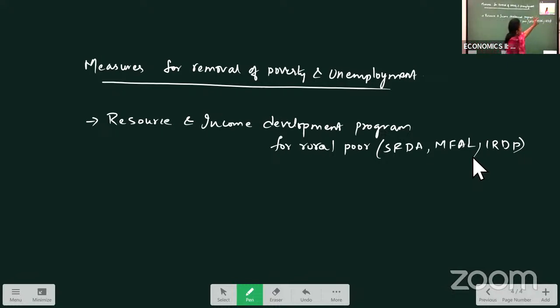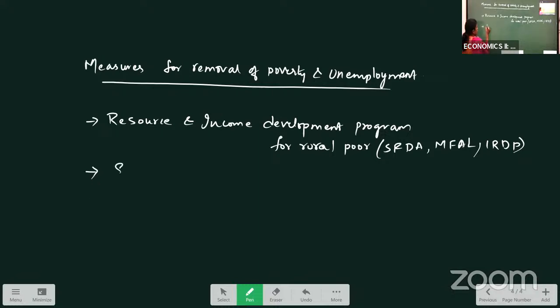So these two programs are for increasing the income levels of the farmers, and IRDP is a program for rural development. When the rural areas are developed, people can have employment opportunities, means they can have self-employment, and financial support is given by the government. So this is one measure taken for removal of poverty and unemployment.